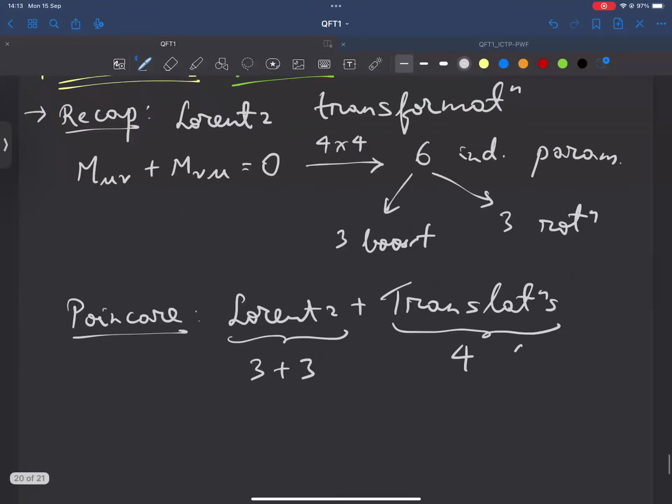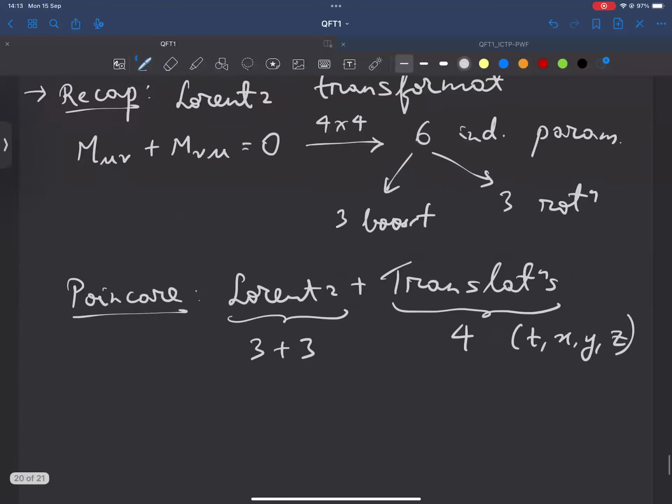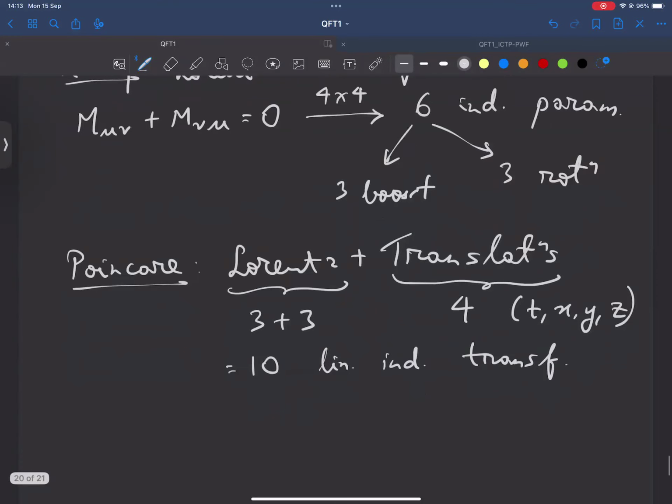So along x, y, z, and t. So t, x, y, z. So all in all, you will have 10 linearly independent transformations, which will be the whole group of Poincare transformations.